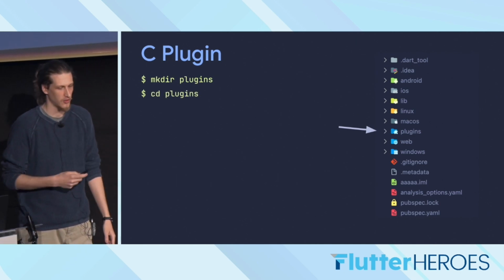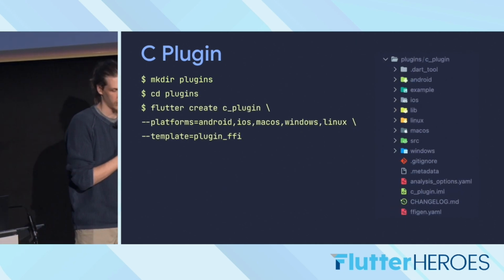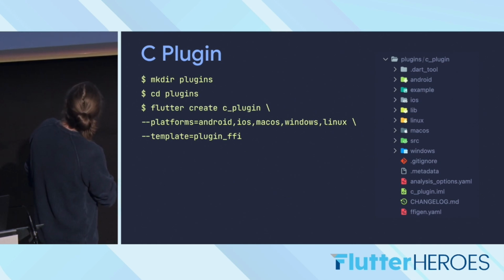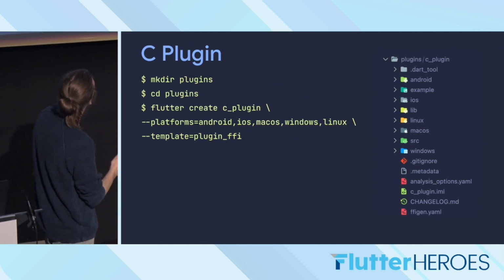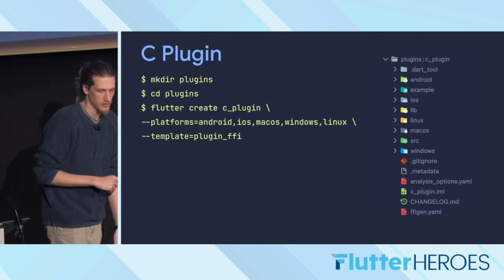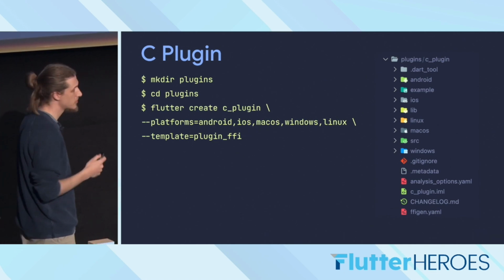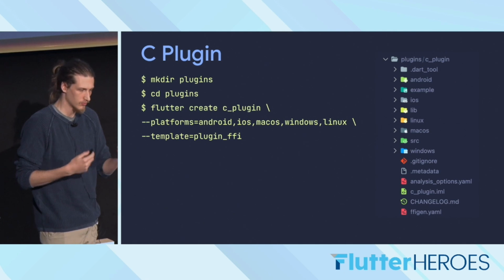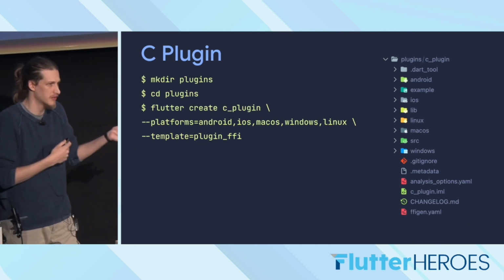Then inside that folder, I ran that command. As you can see there's the platform flag. You can list all the platforms that you want to support. And then there's the template flag, which lets you generate files from a pre-existing template.